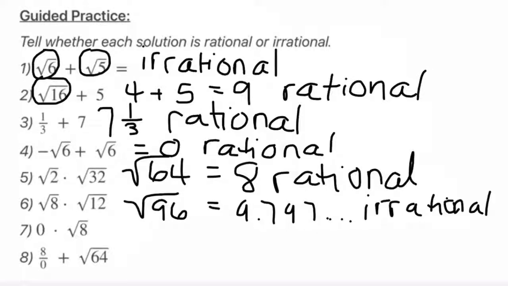It doesn't matter if we're multiplying a rational or an irrational number. We know that 0 is rational, and the answer, no matter what the other factor is, is going to be 0. So if the answer is 0, the answer is rational. So this was one of those exceptions in our always rules. So this is actually 0, which makes number 7 rational.